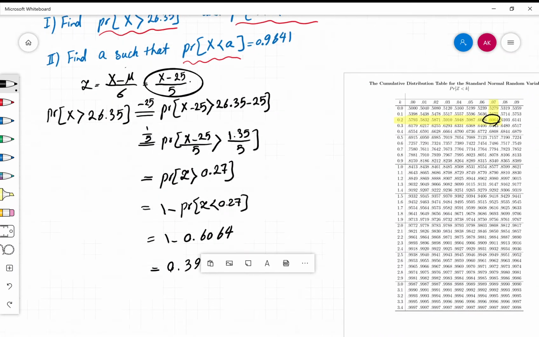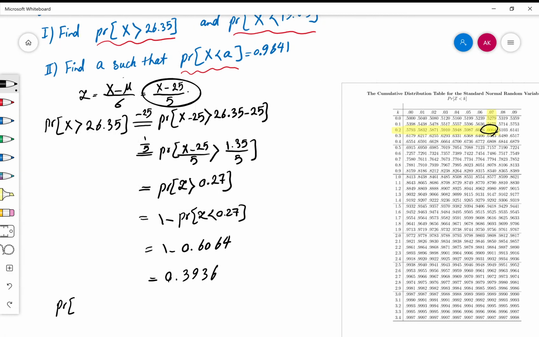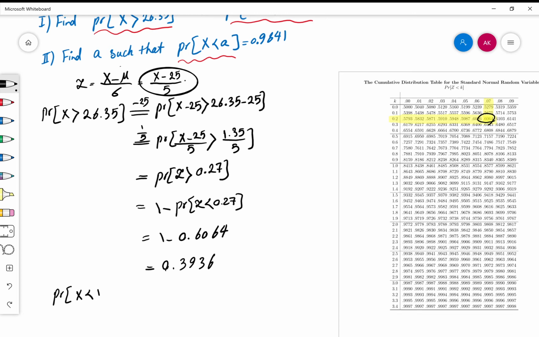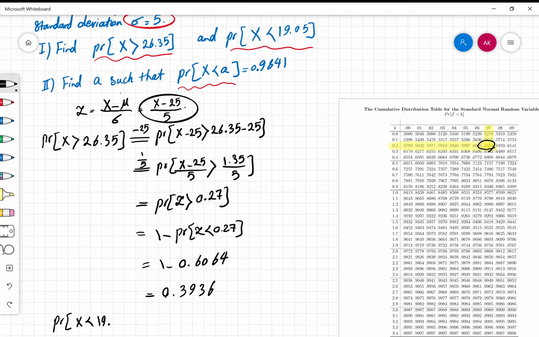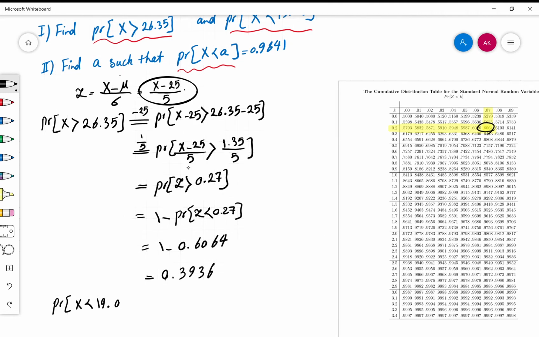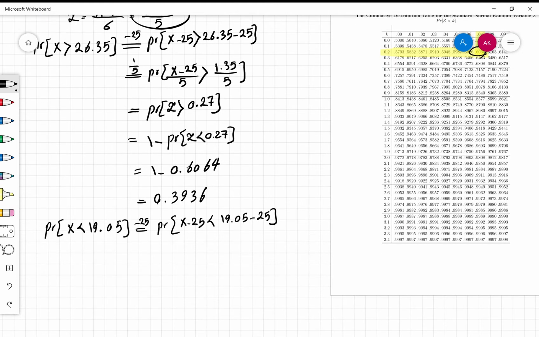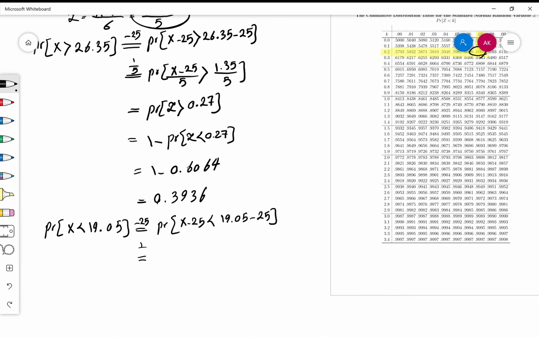Okay, how about the other one, probability of x being less than 19.05, okay, minus 25, that's what we do, x minus 25 less than 19.05 minus 25, and then divided by 5.